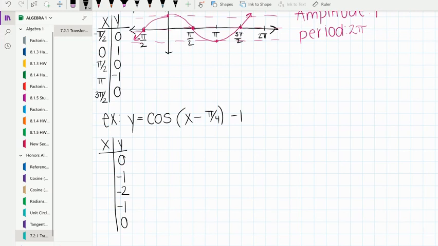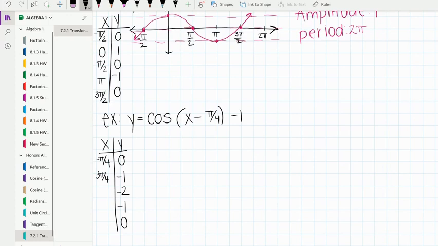Okay, so for the x values, it's a little bit trickier. So what we're going to do is we have the original starting value is 0. So we subtract pi over 4, so we get negative pi over 4. And then we had pi over 2. So if you do pi over 2, you can make that 2 pi over 4 minus pi over 4 would give us 3 pi over 4.